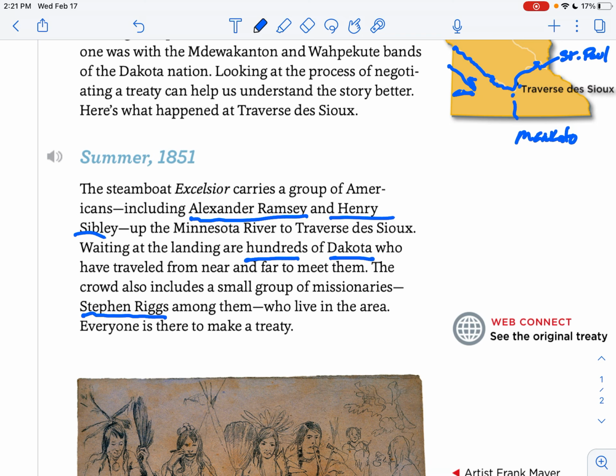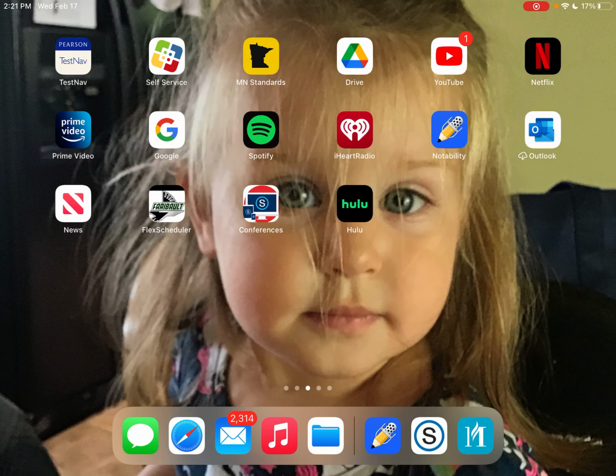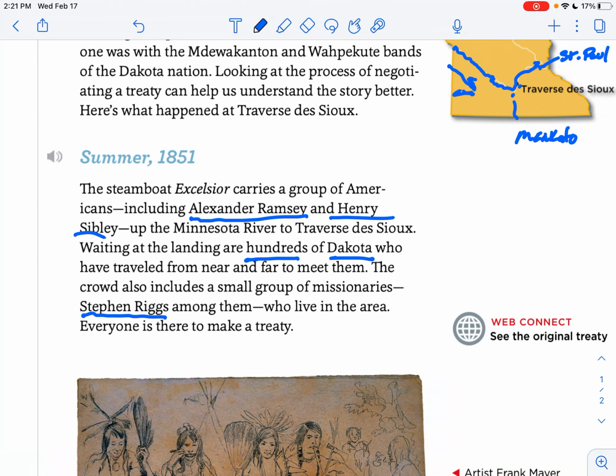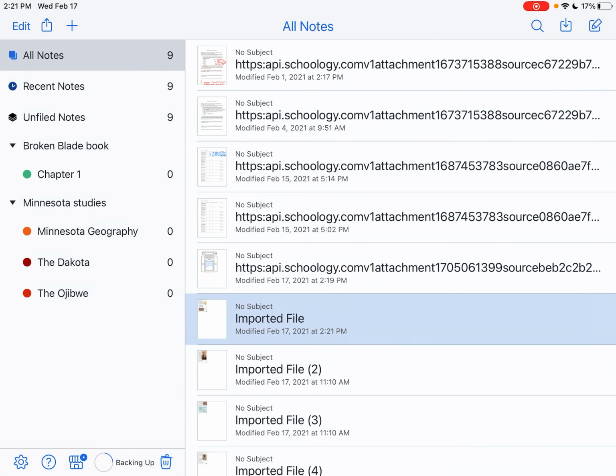Okay, so what's a missionary? Well, missionaries were Christians, and their job was to convert the Native Americans to Christianity. What's a Christian? Christians are followers of Christ. Okay, so what do we get out of this paragraph? Well, we found out a little bit more who was involved.